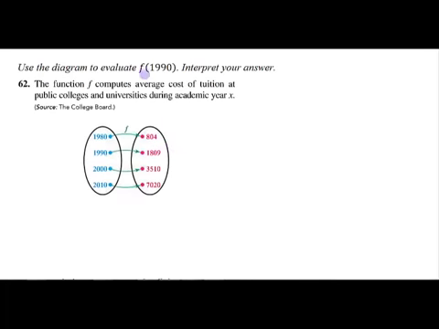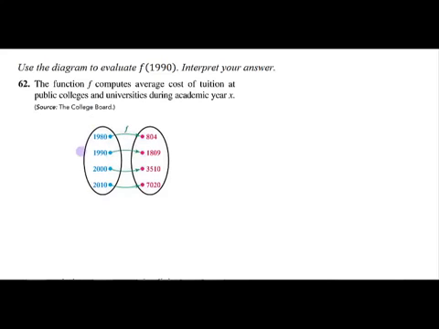So here let's use the diagram to evaluate f of 1990, and then we'll interpret the answer. Function f computes the average cost of tuition at public colleges and universities during academic year x. So here we have a schematic diagram of a function.